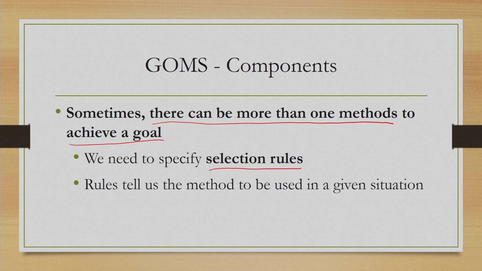So, to recap, there are four components: goals, operators, methods and selection rules. Goals are essentially what we want to achieve. The operators idea is similar to the KLM operators we have learned before. However, here the idea of operator is more flexible. Here you can define your own operator instead of sticking to only the 5 or 7 operators defined for KLM, but those are low level operators with predetermined values.